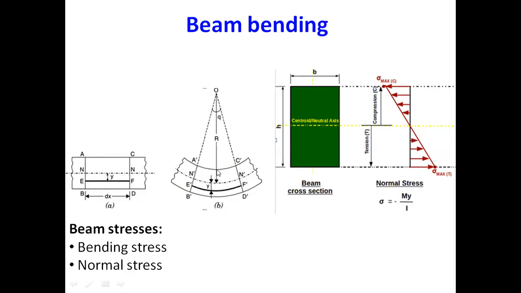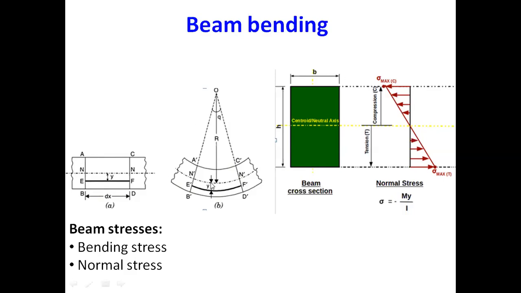So if we move from the top of the beam, the compressive stress would be maximum. As we move in the downward direction, the magnitude of the compressive stress would decrease, and it would be zero. There would be no stress at the neutral axis, because the fibers at the neutral axis are neither in tension nor in compression.